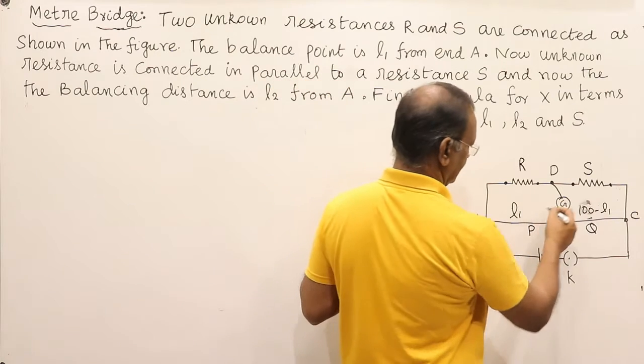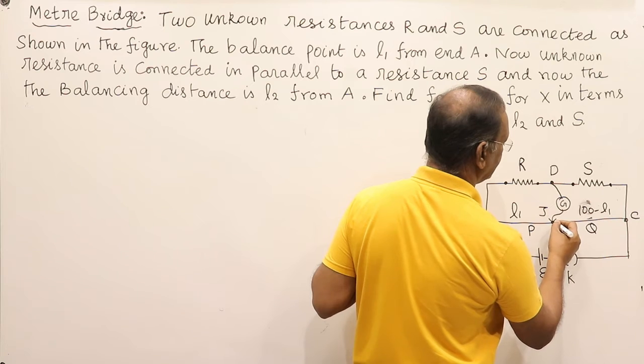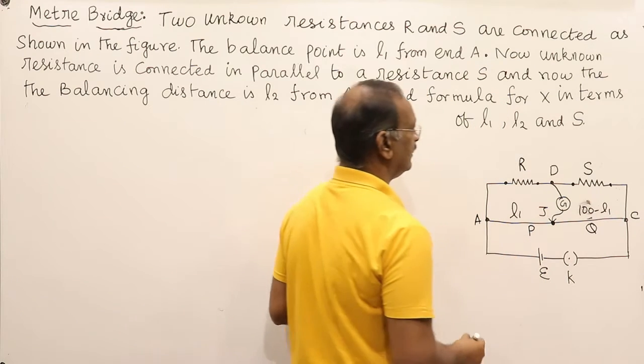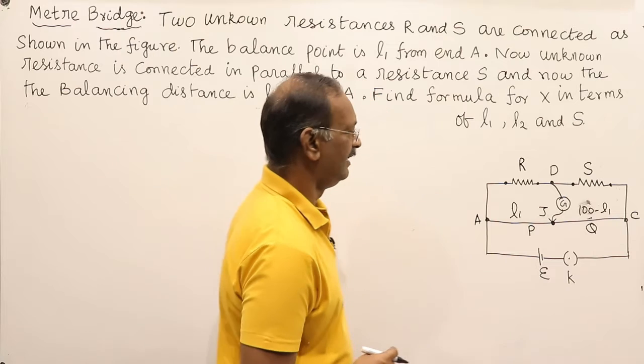When this sliding jockey is moved from here to here, the balance point is obtained here. Now this meter bridge is said to be under balance condition.